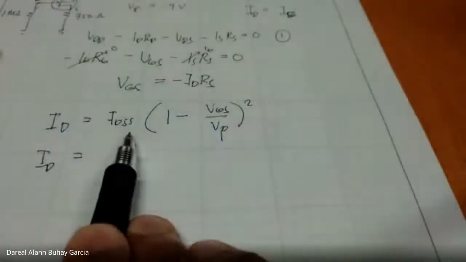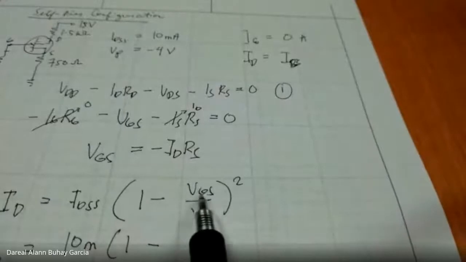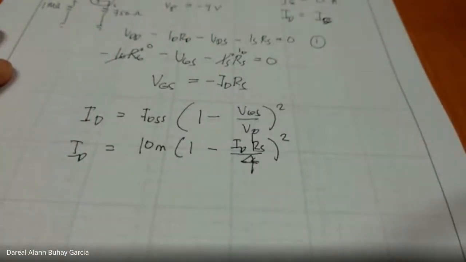So, ID is equal to, IDSS is given as 10 milliamperes, times 1 minus VGS, which is negative IDRS, but VP is also negative. So, pwede na makancel out ang negative symbol ni VGS ug ni VP. So, this is 1 minus IDRS over positive 4, all squared. Now, solve for ID.